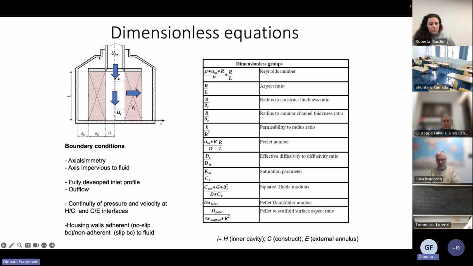This is a symmetric bioreactor, and so we use the symmetric condition. The axis is impervious to fluid. There is a fully developed inlet profile, and also for the outflow.